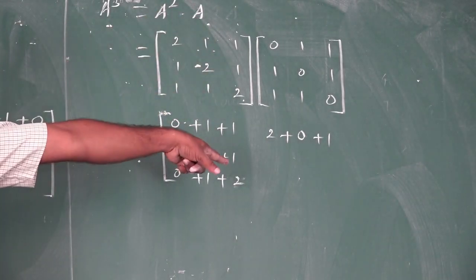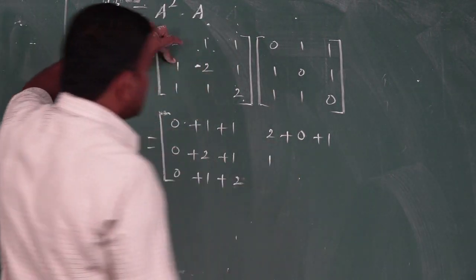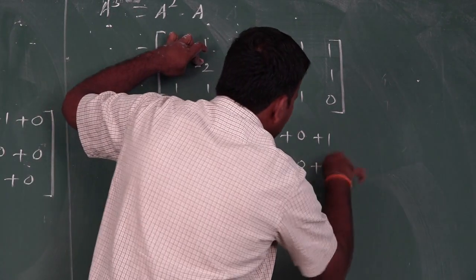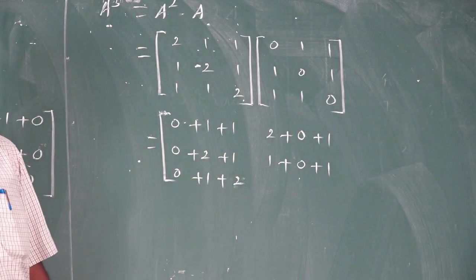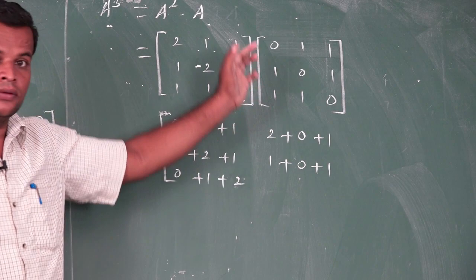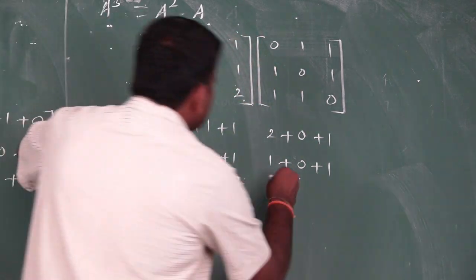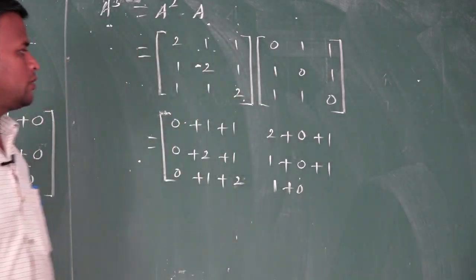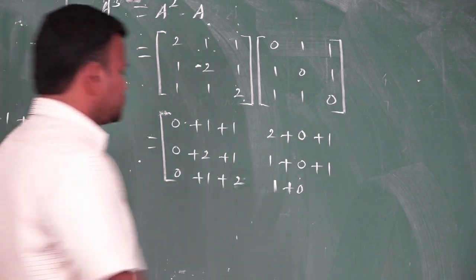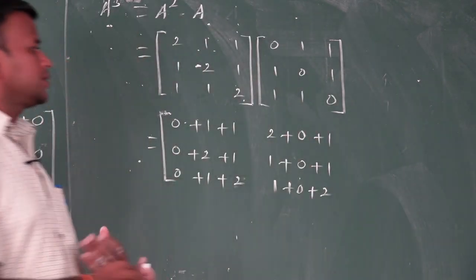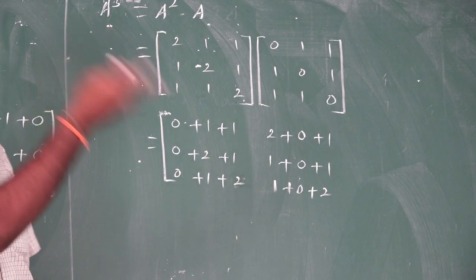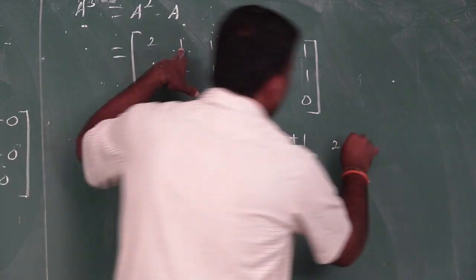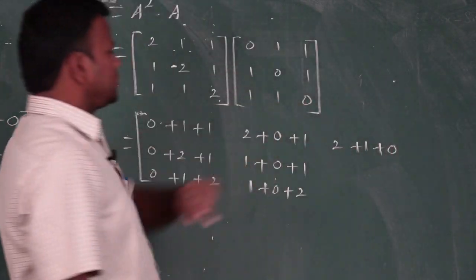Next, second row, second column: 1 ones are 1 plus 2 into 0 is 0 plus 1 ones are 1. Now third row, second column: 1 ones are 1 plus 1 into 0 is 0 plus 2 ones are 2. Now first row, third column: 2 ones are 2 plus 1 ones are 1 plus 1 into 0 is 0.